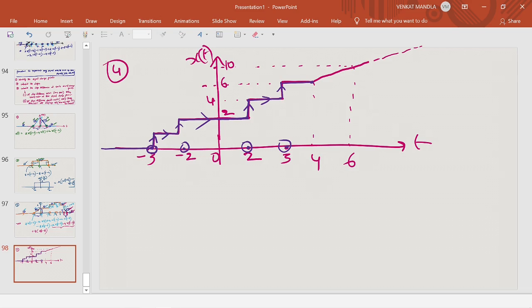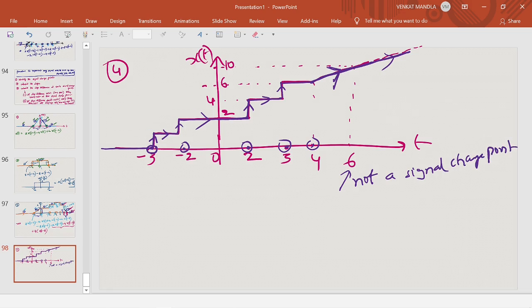and at t equal to 4 it has changed, but at t equal to 6 it has not changed. Okay, t equal to 6 is not a signal change point because the signal is not changed, it is constant, a straight line.